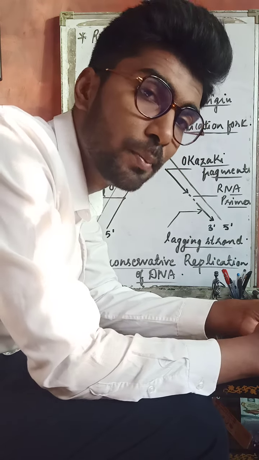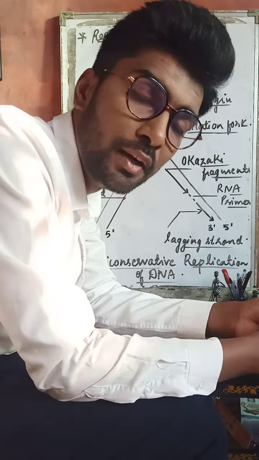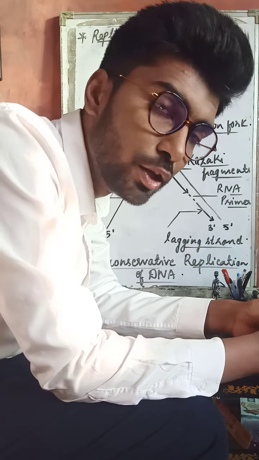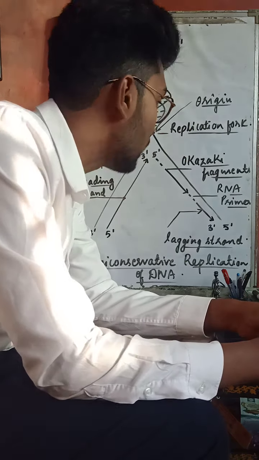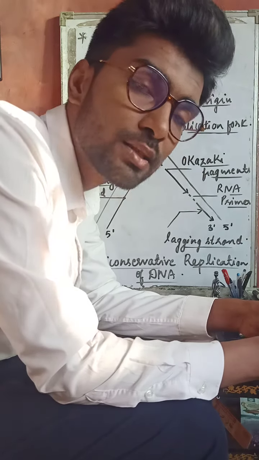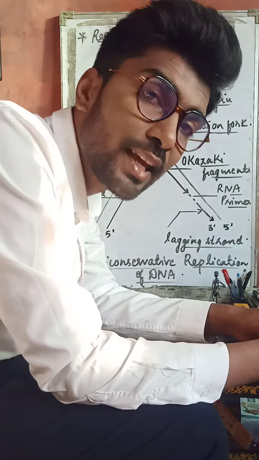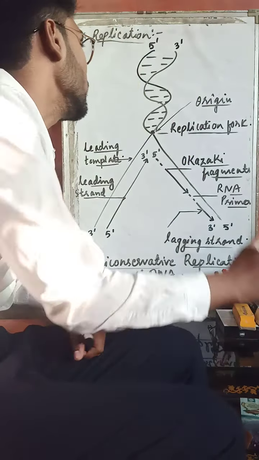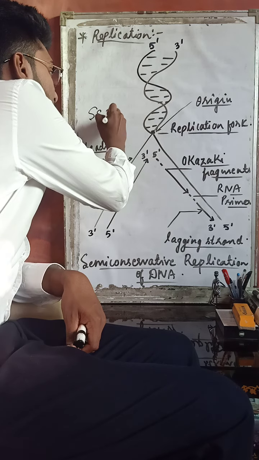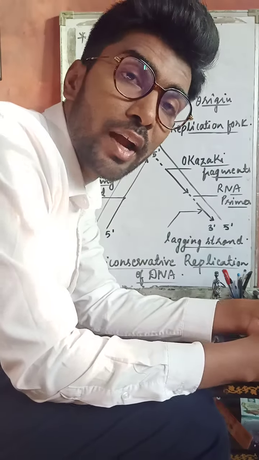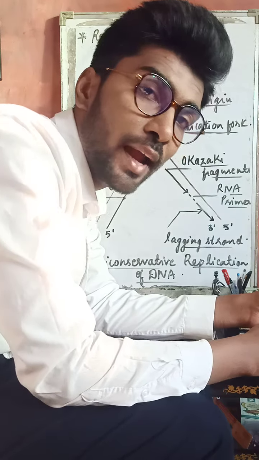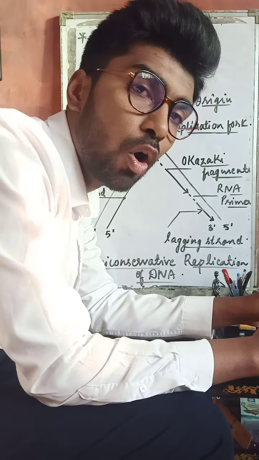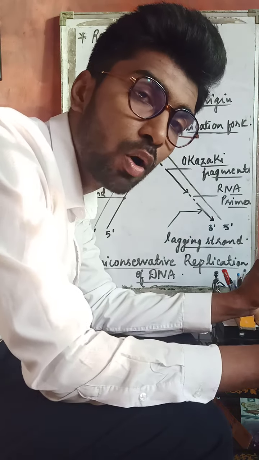topoisomerase. Topoisomerase is the enzyme which starts splitting the two strands of a DNA molecule. The two strands are stabilized by a stabilizing protein called single-stranded binding protein, SSBP. Single-stranded binding protein is a type of protein which stabilizes the two strands of a DNA molecule.